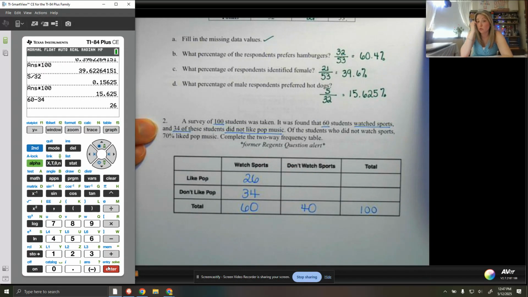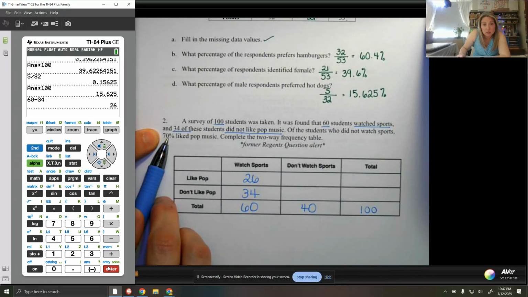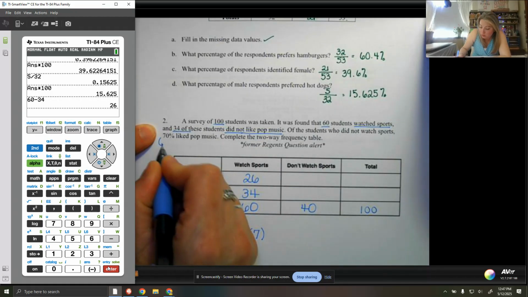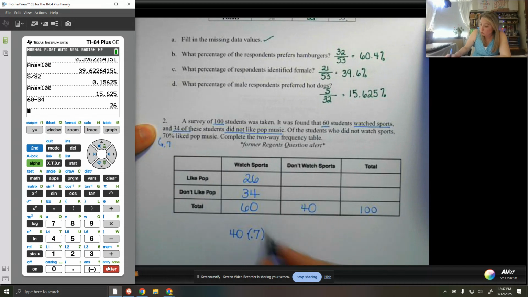Now, of the students who did not watch sports, which we know there are 40 of them, 70% liked pop music. So this is probably the one that you need to watch out for. What I'm going to do is transfer 70% into decimal form, that's 0.7, and take the total, 40 students, times that 0.7.